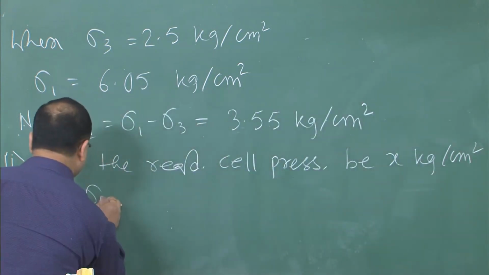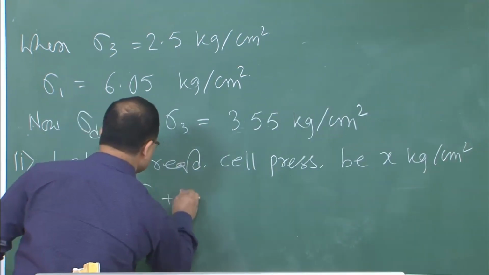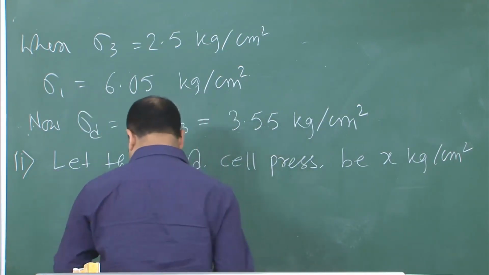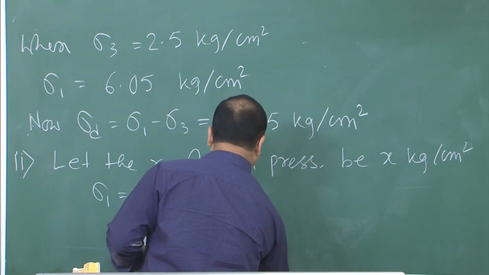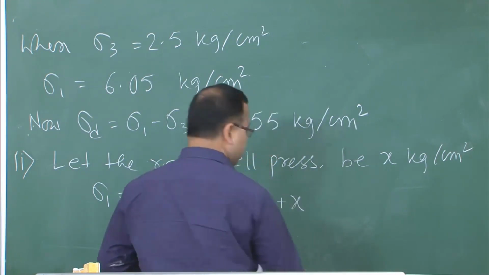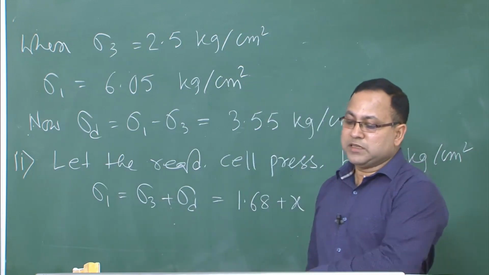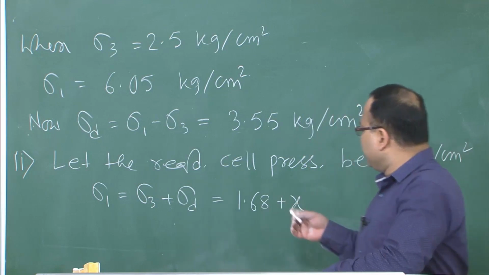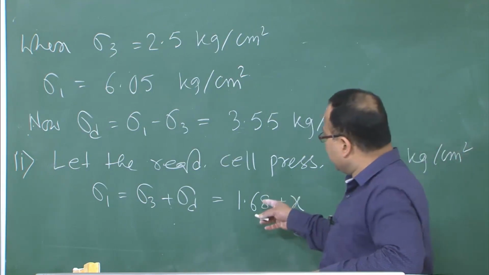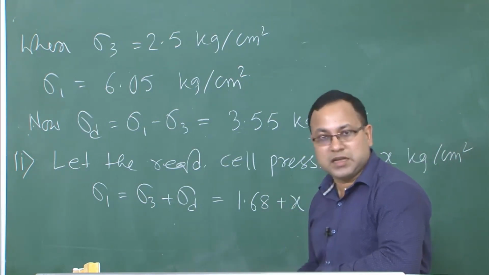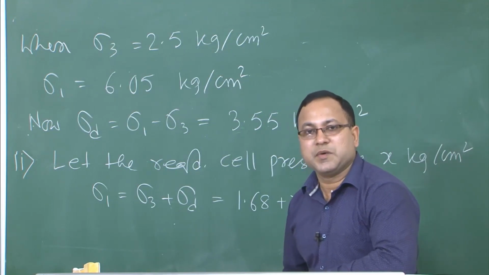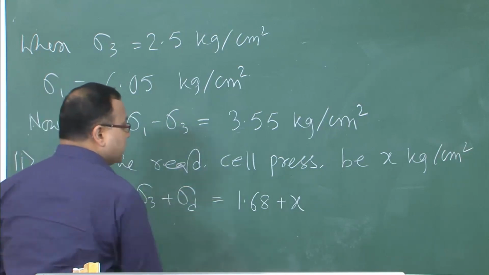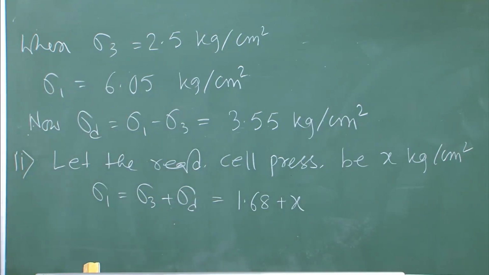Therefore, sigma 1 is equal to sigma 3 plus sigma d, which is 1.68 plus x. What is 1.68? 1.68 is the deviator stress. Okay. So, if you get the failure at deviator stress 1.68, then what will be the cell pressure? That is the question, right. That is the second part of the problem. Okay. So, I have got sigma 1 is equal to 1.68 plus x.